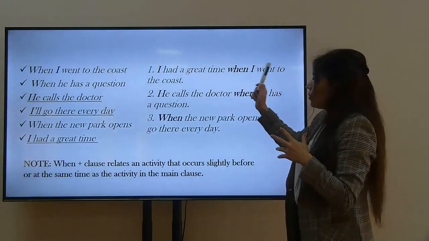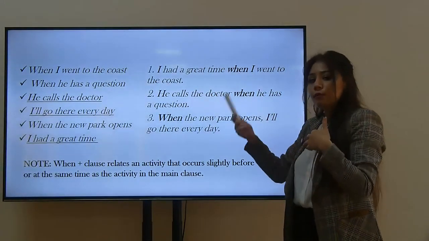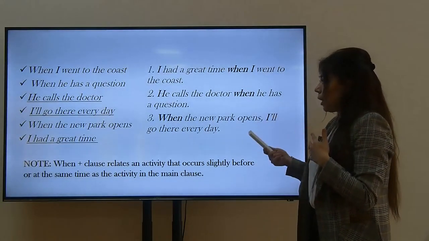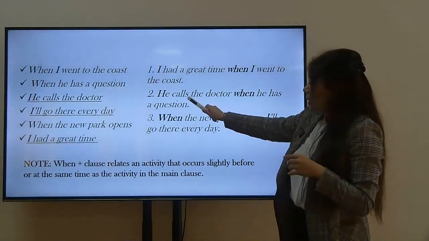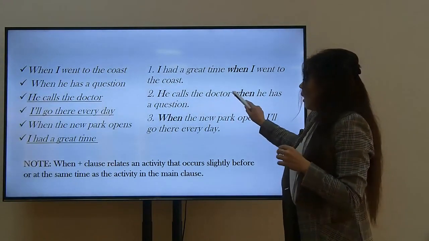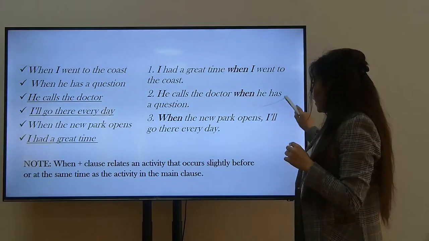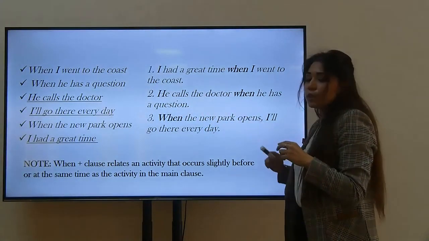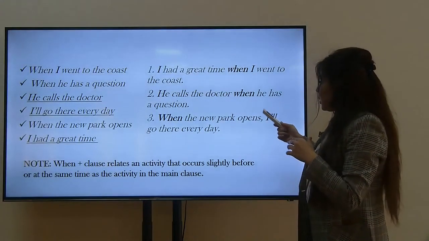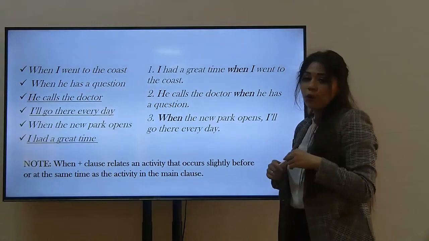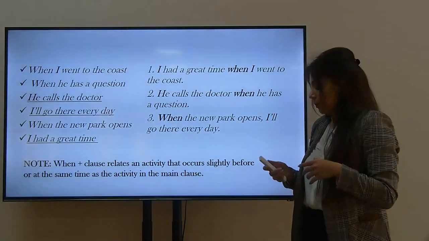Which part of the sentence comes first? Think and try to find out. In this sentence, he calls the doctor when he has a question. Firstly, the when clause comes and then he calls the doctor. The first action is he has a question and then he will call the doctor.